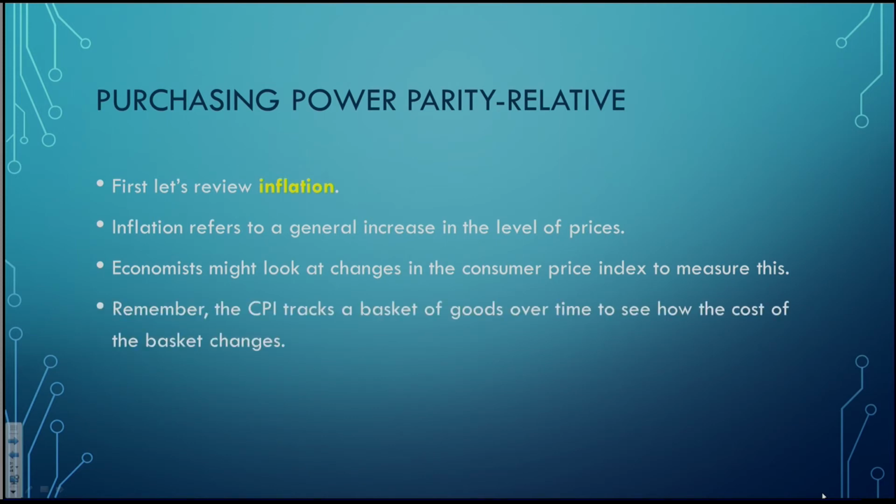Remember, the CPI, the Consumer Price Index, tracks a basket of goods over time to see how the cost of the basket changes. So if the cost of that bundle of goods goes up, then we know the price level increased and we have inflation.